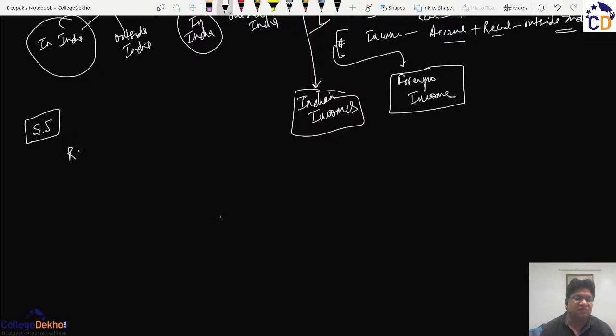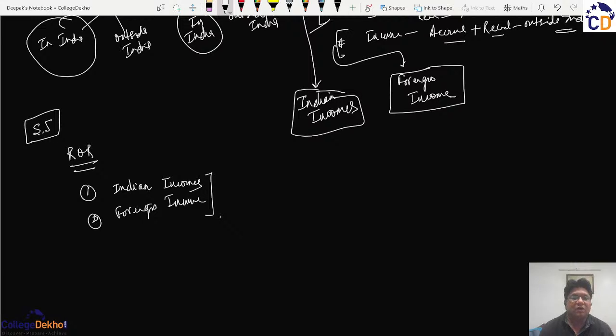And then section 5 says that if you are an ordinarily resident, then you will be liable to pay tax on all four kinds of incomes, that is all three kinds of Indian incomes plus the foreign income that you have generated during the previous year, which will be taxed in the assessment year.